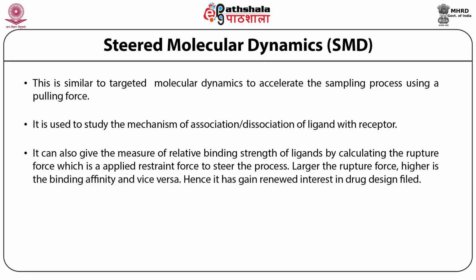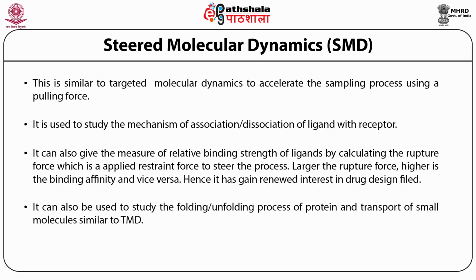Larger the rupture force, higher is the binding affinity and vice versa. Hence, it has gained renewed interest in the area of drug design. It can also be used to study the folding-unfolding process of protein and transport of small molecules, similar to targeted molecular dynamics. It is an in silico alternative to atomic force microscopy.